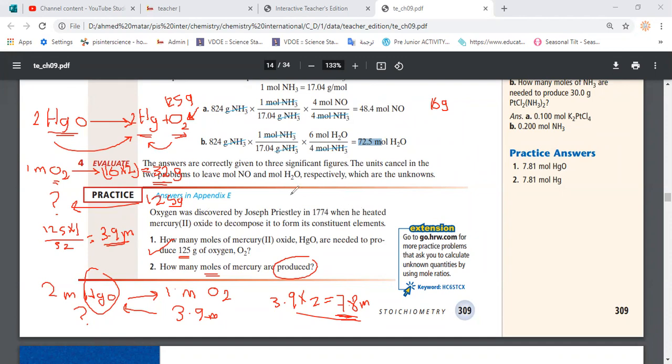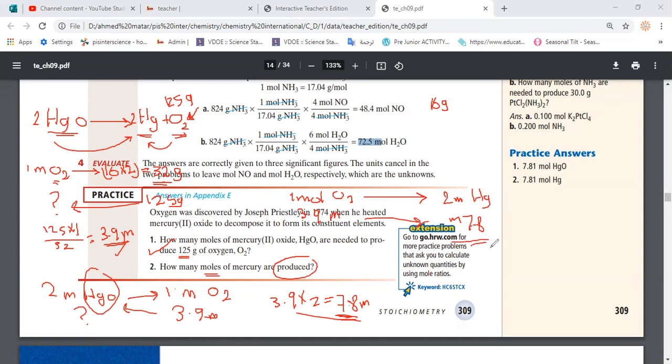So 1 mole of oxygen produces 2 moles of mercury. 125 grams provides 3.9 moles of oxygen, so the mercury produced is 3.9 multiplied by 2 divided by 1, which is 7.8.